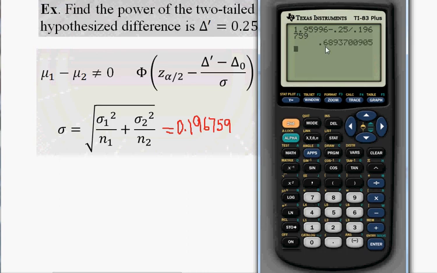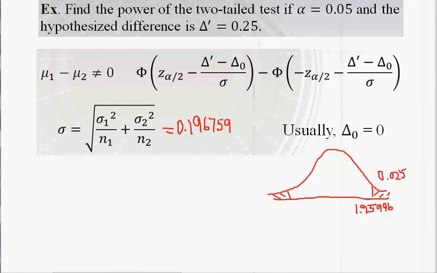So that worked out to be 0.68937. So let me write that over here. This is 0.68937.